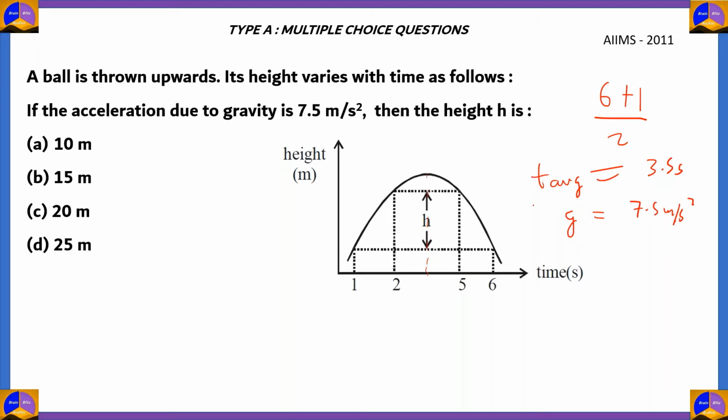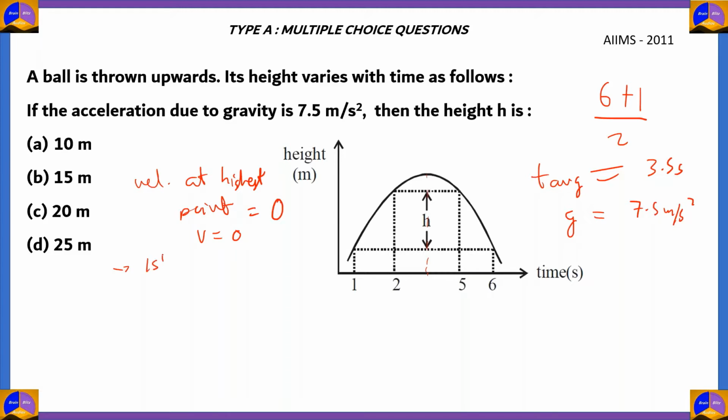Now, in this question, we know that the motion that is undergone is vertical motion, and in vertical motion, the velocity at the highest point must be 0. So here v is equal to 0.